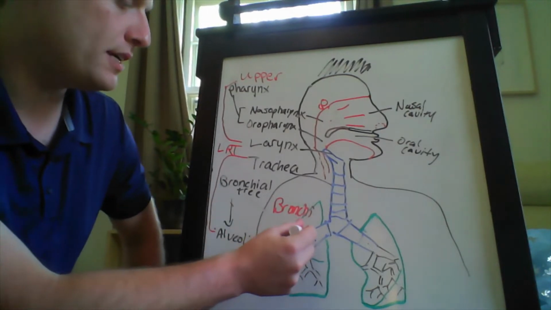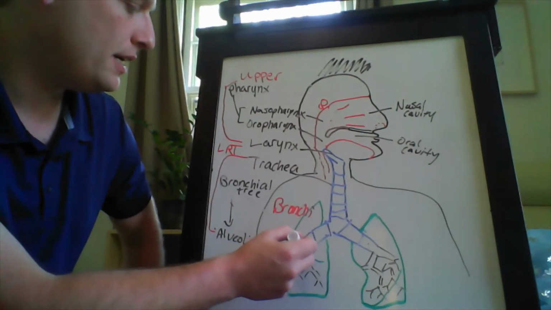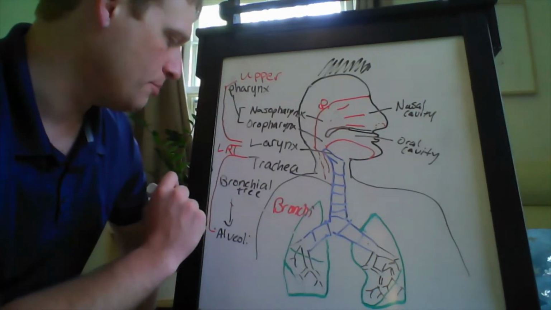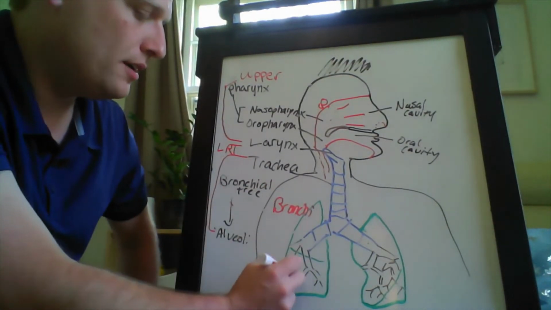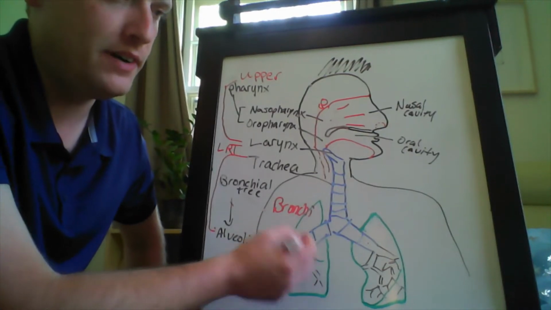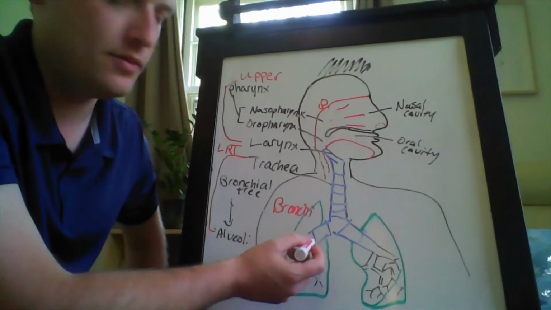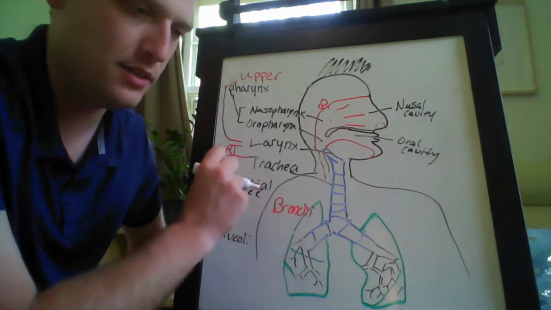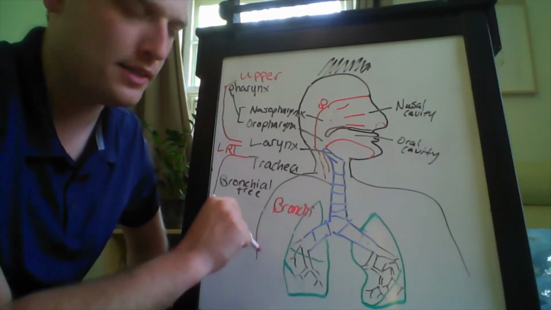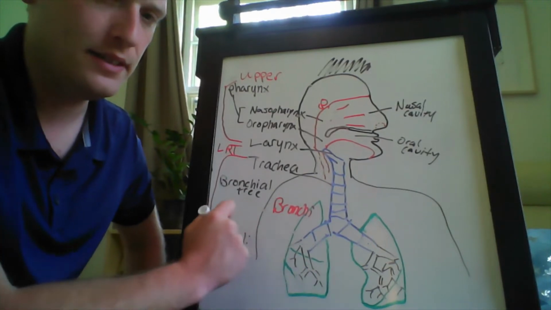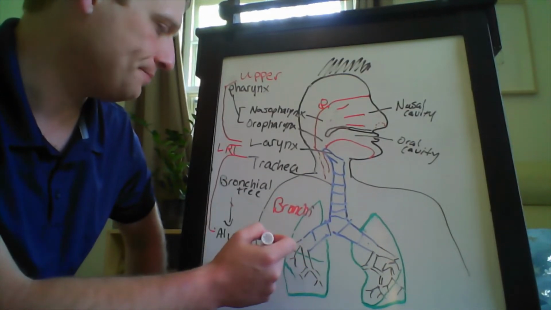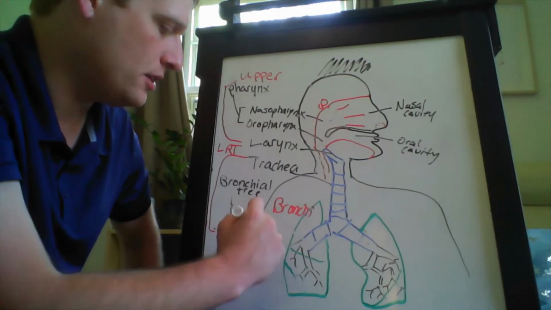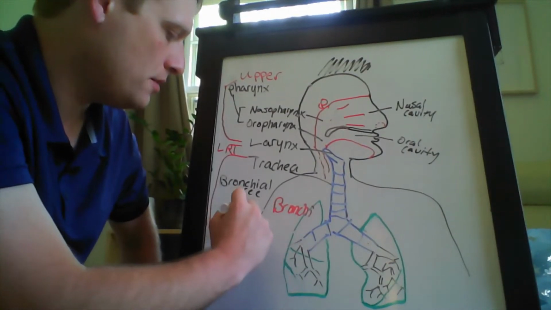Once that bronchus enters the lungs, it's going to further branch off into smaller and smaller branches. Eventually, those branches are going to be very, very small. There are about 26 branches, a series of 26 branches, before you get to the smallest subset of the bronchial tree. Once they're at their smallest, those are called bronchioles.